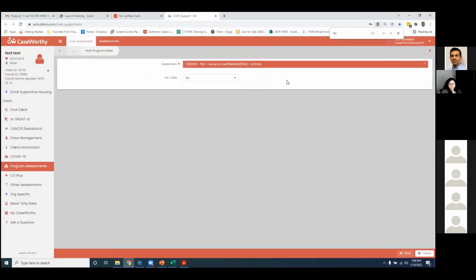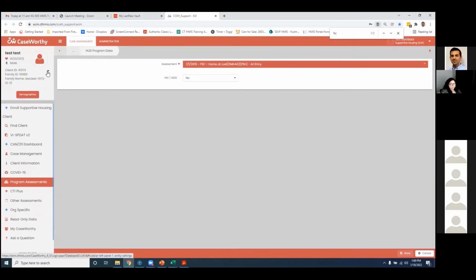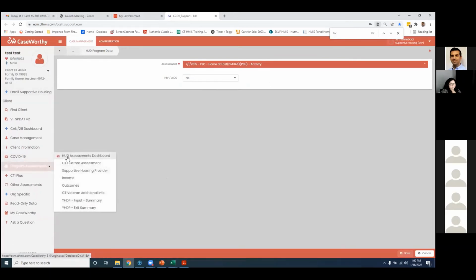That's going to create that data incongruence. And it's important to note that if a person is disabled, their disabling condition on the HUD program assessment table, if they had a disabling condition of yes there, then it should be, oh, it's my test household, might be causing a problem.